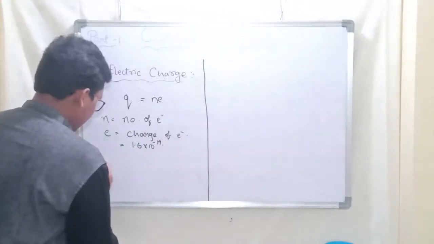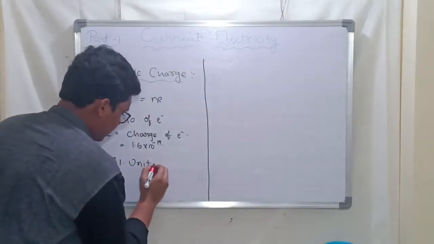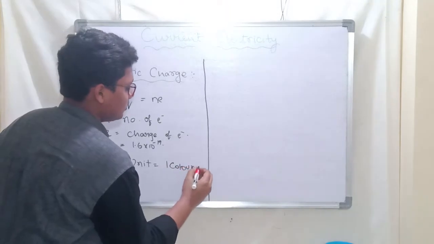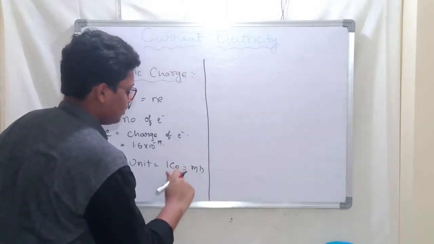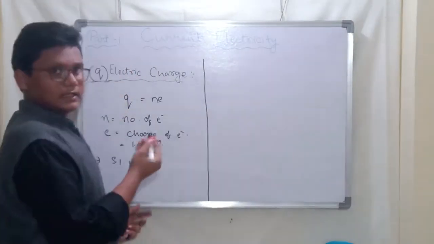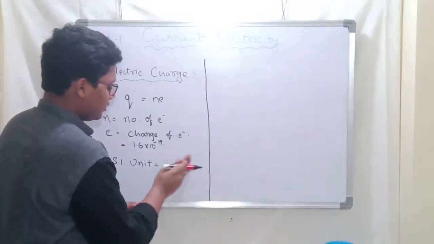And the SI unit for electric charge is 1 coulomb.